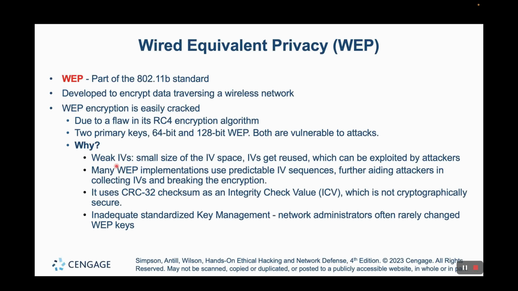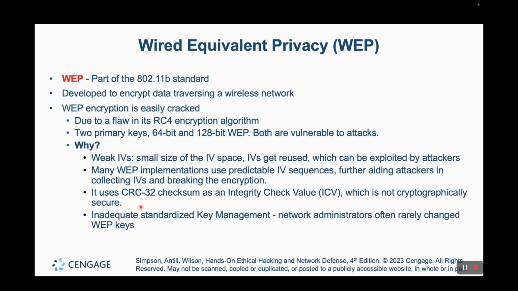Now, the fact is the implementation of the IV in WEP is a small-size space and gets reused, which makes it so easy to crack once you gather enough information. Many WEP implementations use a predictable IV sequence, which makes it even worse for security and easier for attackers to collect IVs and break the encryption simply by using, again, like I said, Aircrack in Kali Linux.